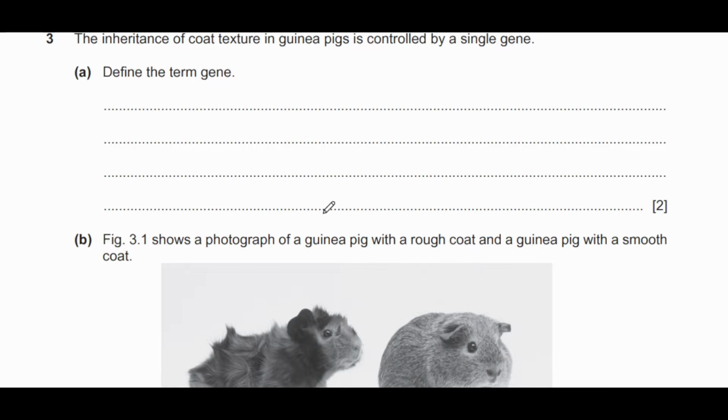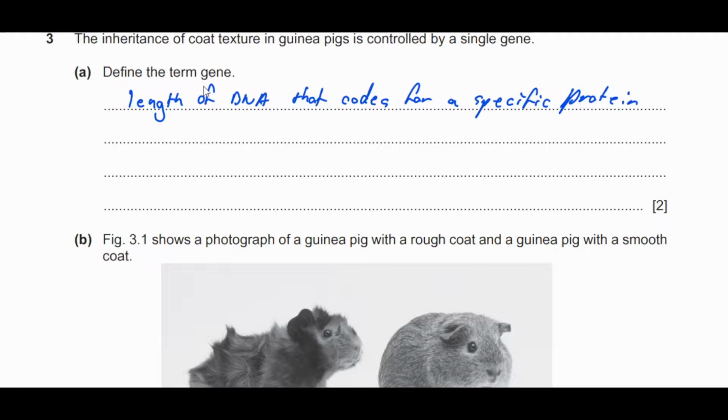Next, question 3. The inheritance of coat texture in guinea pigs is controlled by a single gene. So define the term gene, right? So a gene is a length of DNA that codes for a specific protein. Okay, so your first mark is length of DNA, codes for a specific protein would be your second mark.